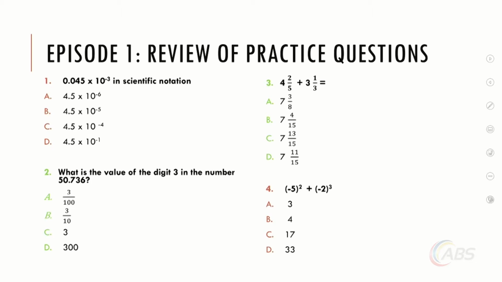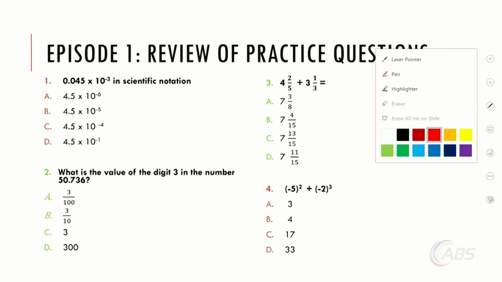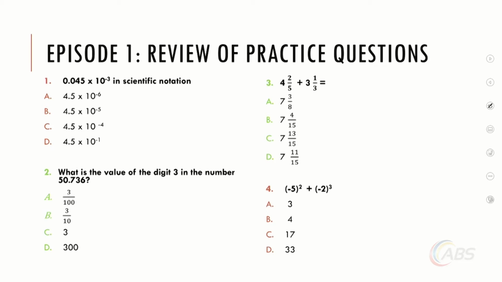If we take a look at our first question, it reads 0.045 times 10 to the negative third power in scientific notation. When you take a look at our options, we'll notice that they all say 4.5 times 10 to some power, and all of those powers are negative. So what we want to do is make that 0.045 look like 4.5. In order to do that, we're just going to move our point 2 places.